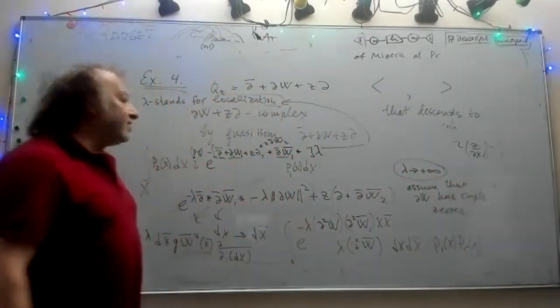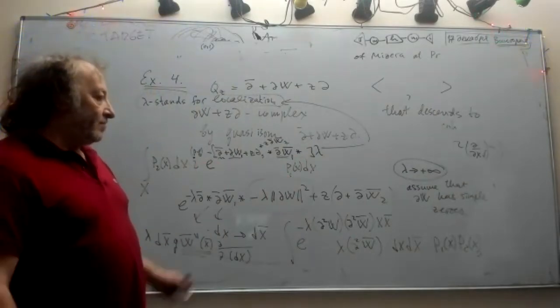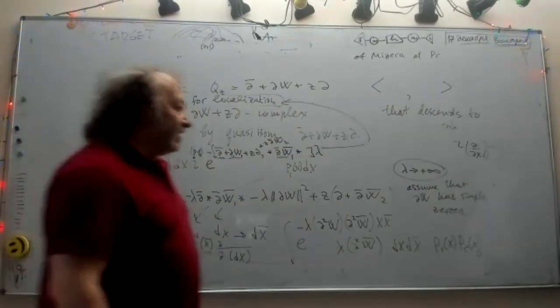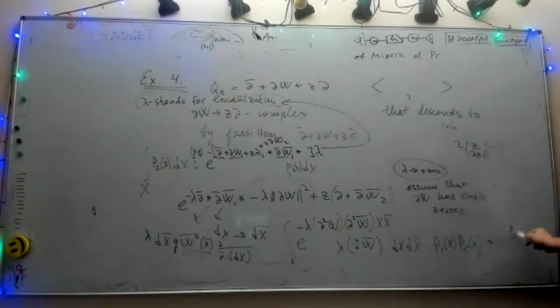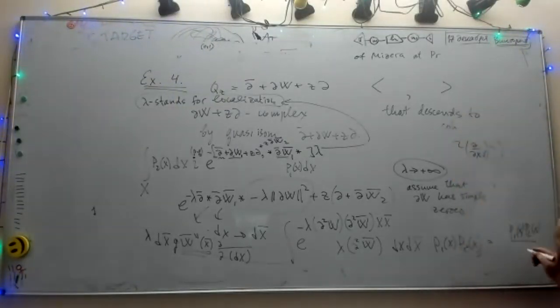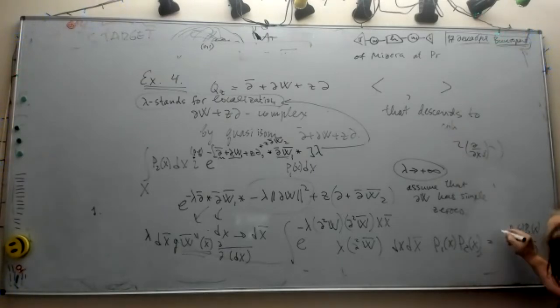And then I'm taking this integral. And what I get here is, of course, p1 of x, p2 of x. And here is, of course, the second derivative, and then summing over the critical points.